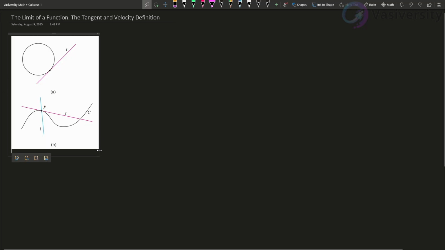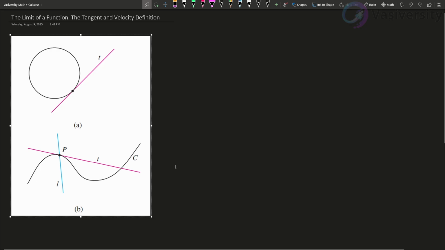So we have example A and B here. Essentially, we have a circle and a tangent line which touches the circle at a single point. So this is a tangent, while this point right here would be an intersection, but the tangent would be the point. For figure A, the tangent line intersects the circle once and only once.